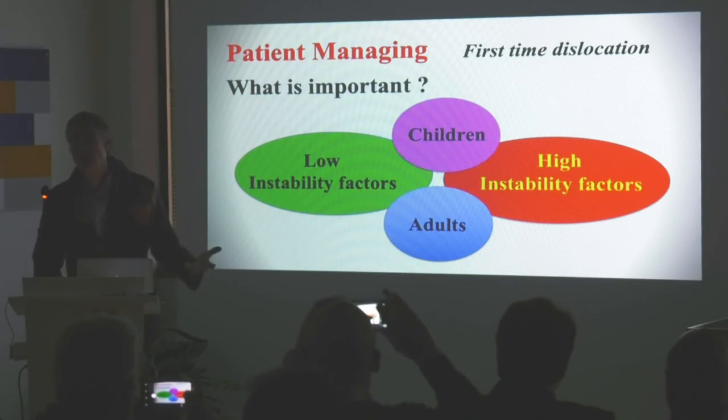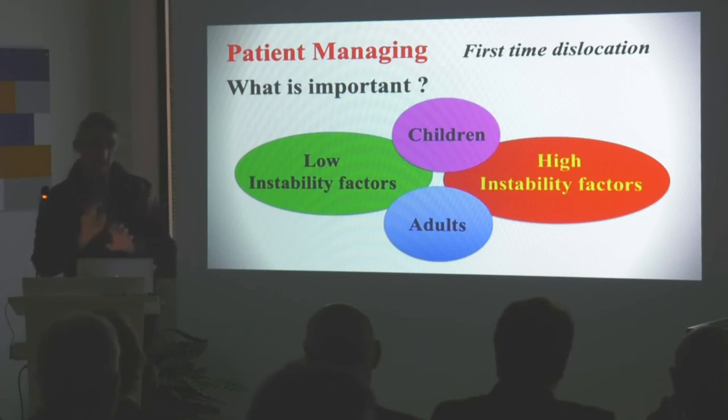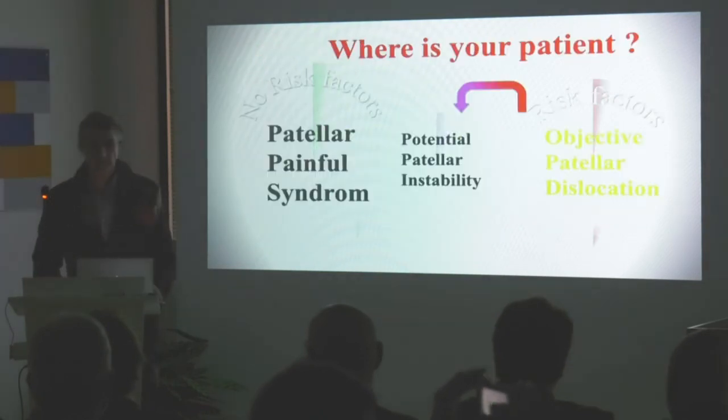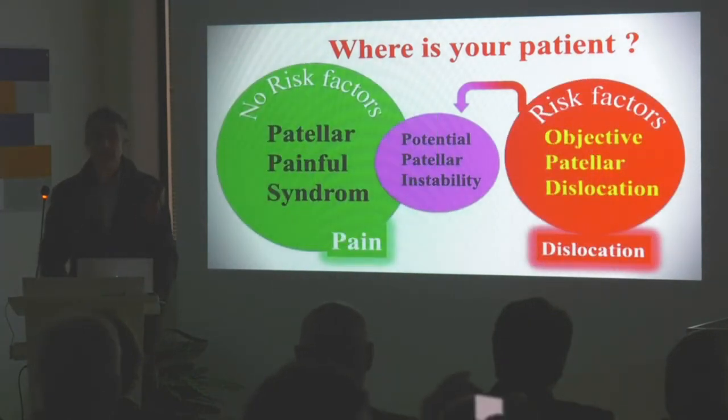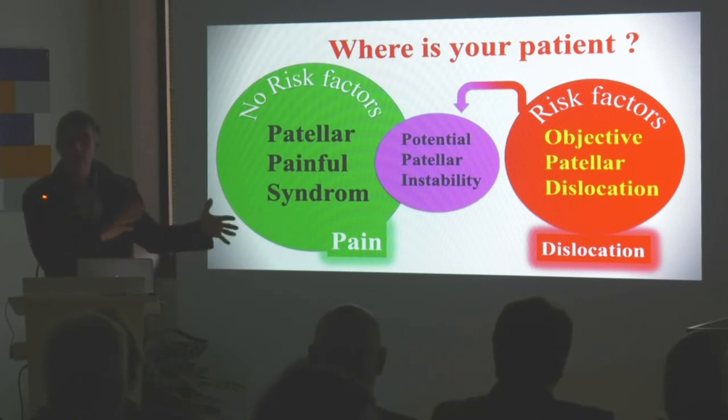So now how to manage those patients and what is important. Children, adults is a little bit different, and you have the low instability and the high instability factors because the evolution of the patient will be totally different. And where is your patient? Your patient could be in the population of a patellar painful syndrome.